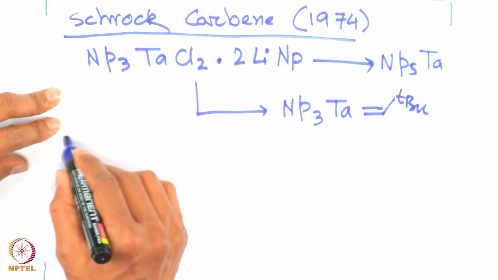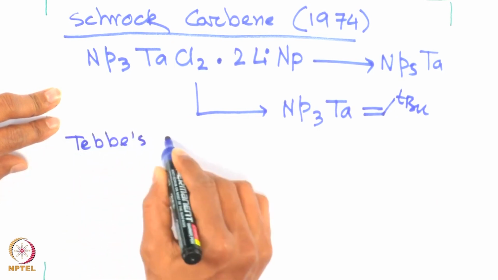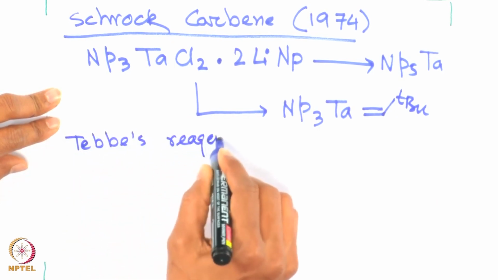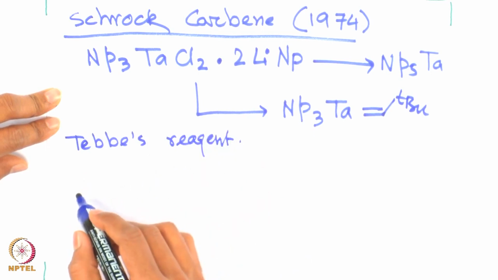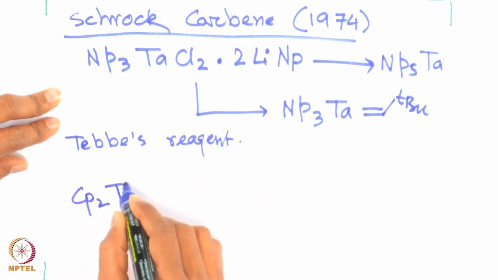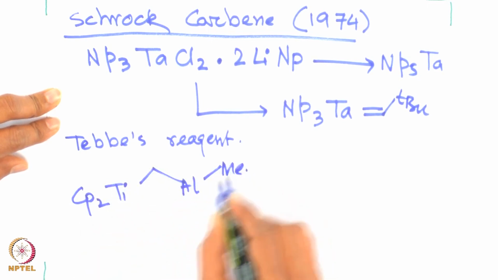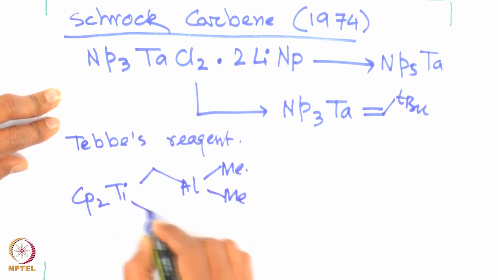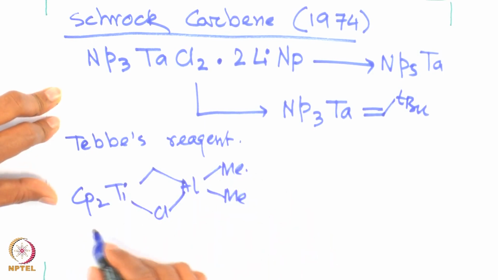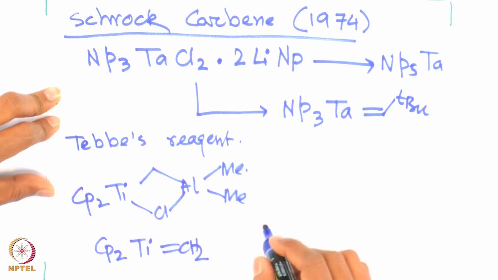A similar reagent that can have this type of behavior, or similar behavior as Schrock carbene, could be your Tebbe reagent, where this Cp2 titanium can be attached with aluminum, and overall you can have a reaction giving Cp2 titanium double bond, or carbene center.